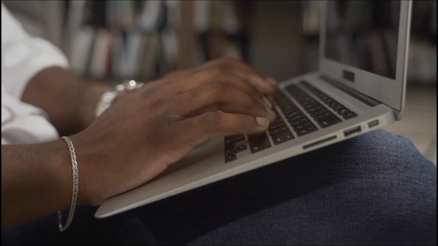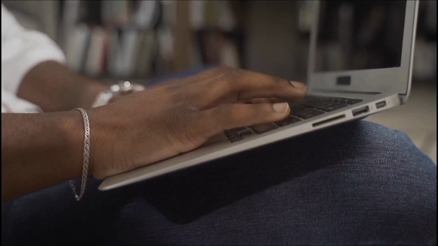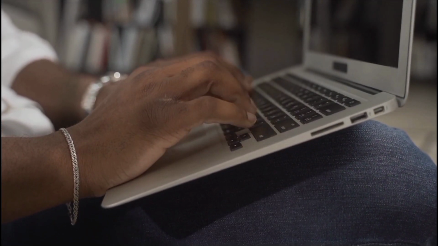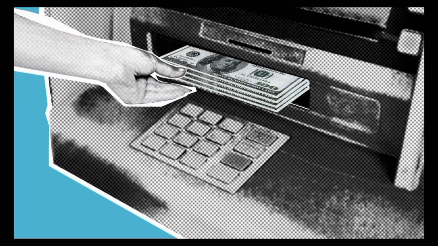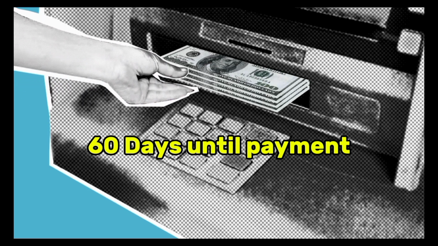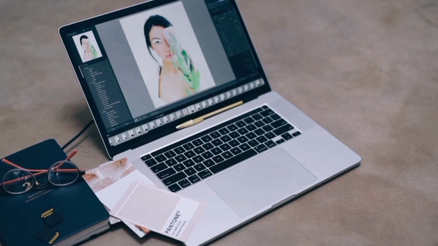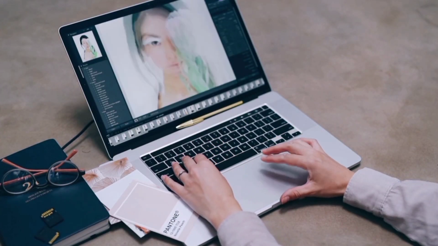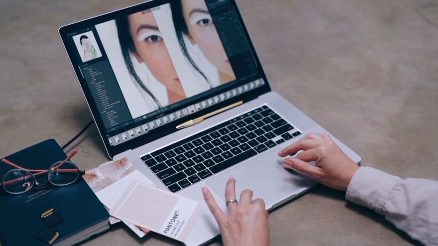It takes, I think, 2 or 3 months before you get paid, because the KDP Select program pays you 60 days after the end of the month of your sales. So for example, if you publish an ebook on the KDP Select program in the month of June 2024, you would get paid in August 2024.